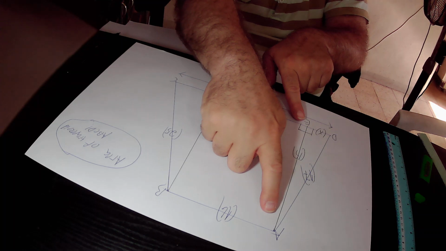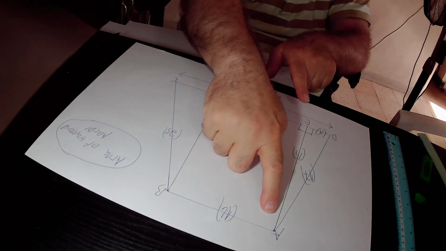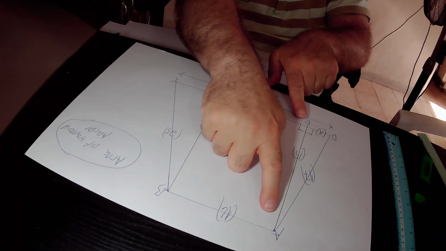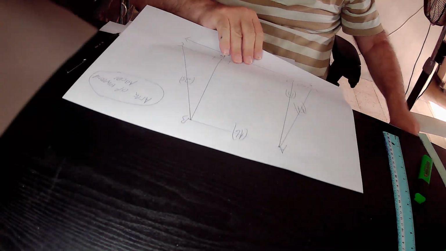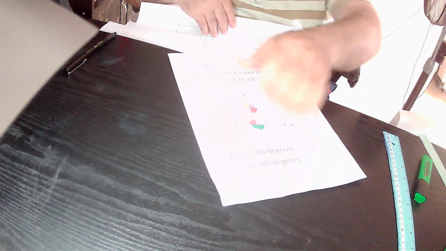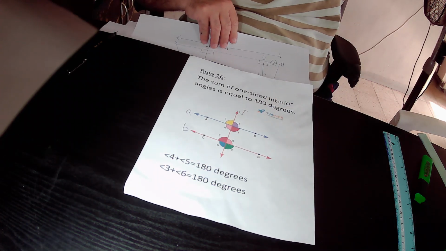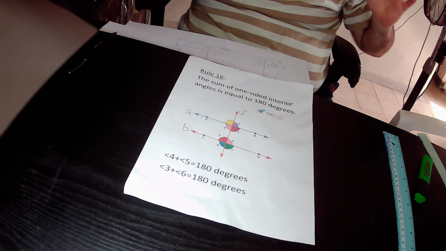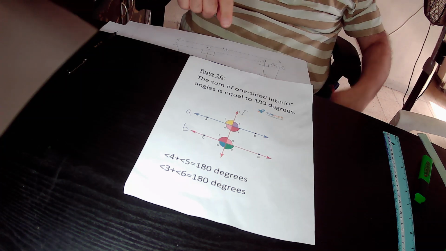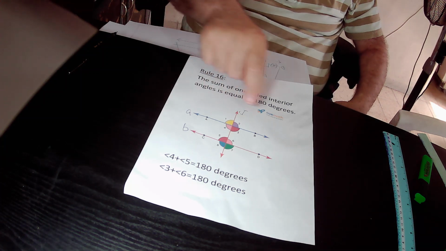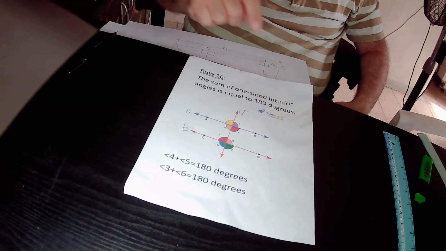And here we can implement Rule 16. Rule 16 talks about one-sided interior angles. Okay, check Rule 16. According to Rule 16, the sum of one-sided interior angles is equal to 180 degrees. So in the drawing, we have line a that is parallel to line b.